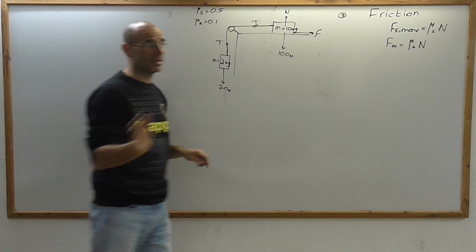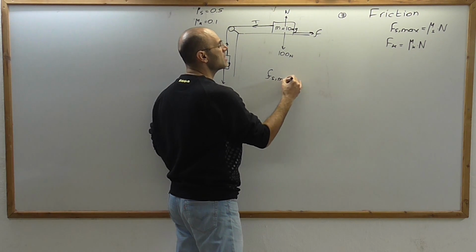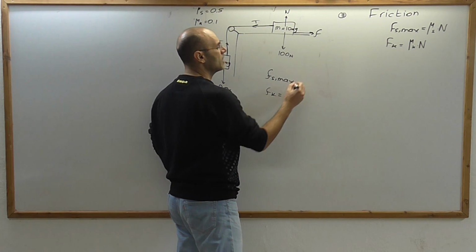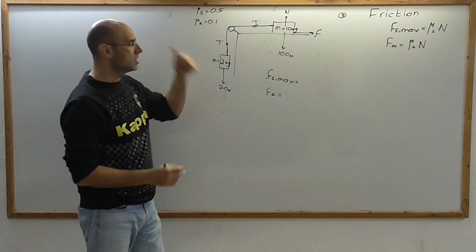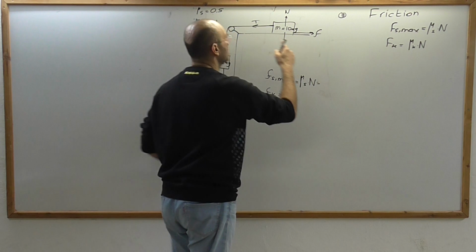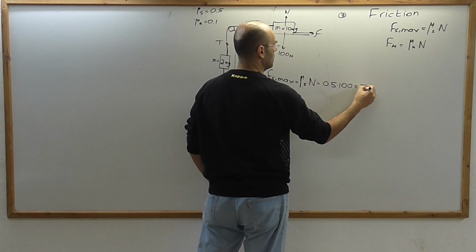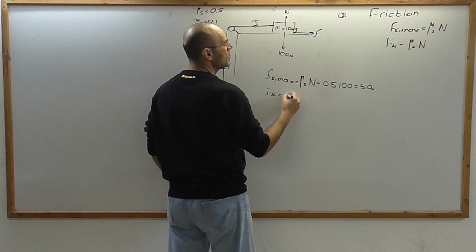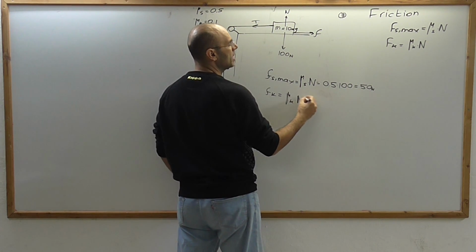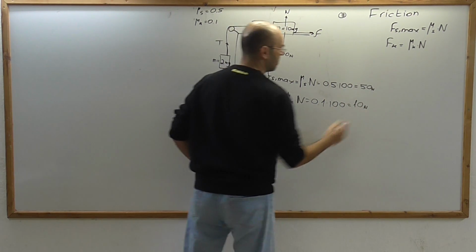I don't know if it's kinetic, I don't know if it's static. Let's find what the Fs max is and the Fk is. Fs max is mu s multiplied by N, which is 0.5 multiplied by 100, 50 newtons. Fk is mu k multiplied by N, which is 0.1 multiplied by 100, 10 newtons.